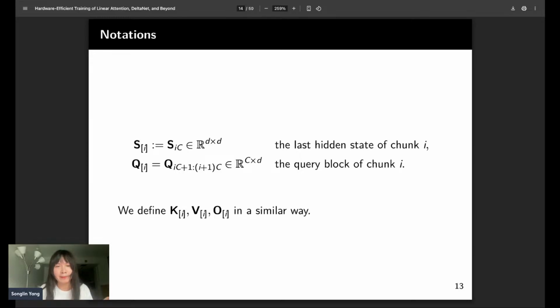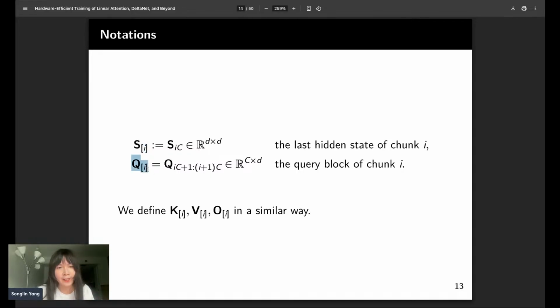To formulate it mathematically, we have several notations. First, this is the chunk level hidden state, and we use this subscript with brackets to indicate the index of the chunk.